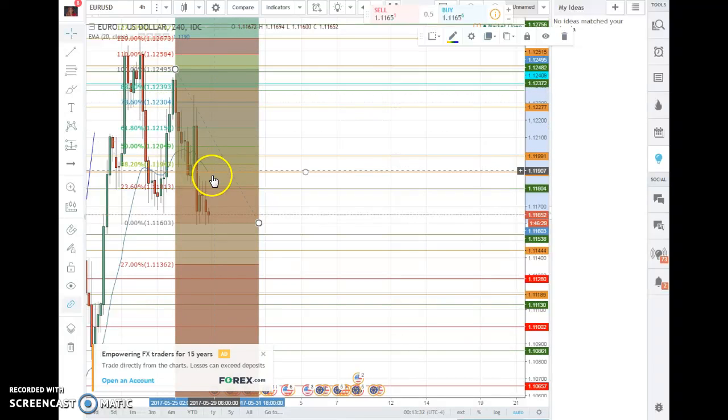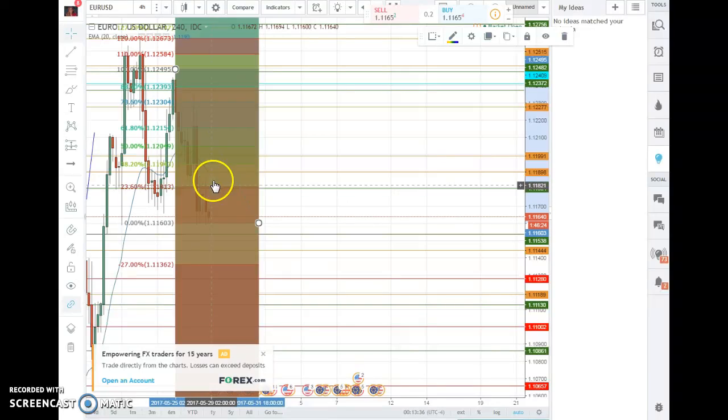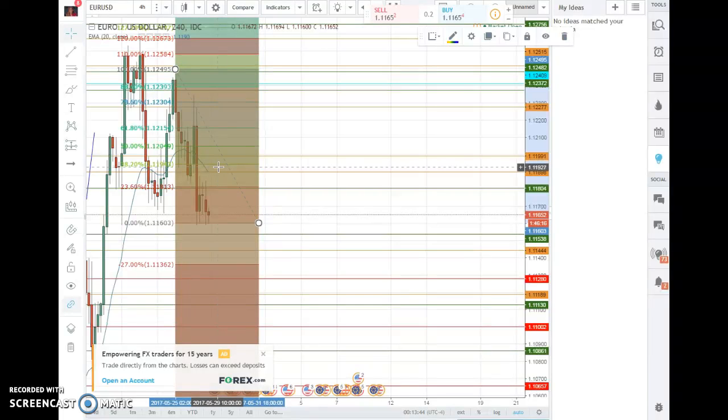So I would do the same thing. I will put in a trade for buy, and I would make the take profit 38.2. If it bounces off 38.2, I would take that.